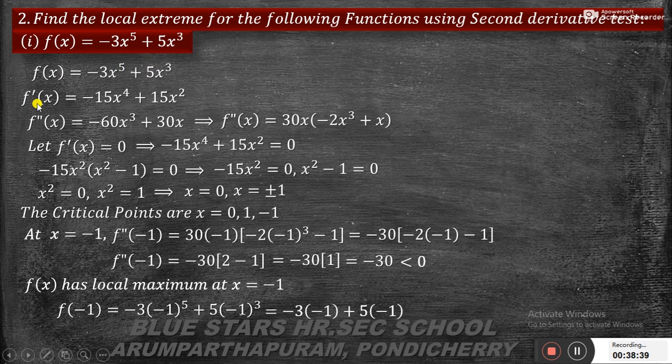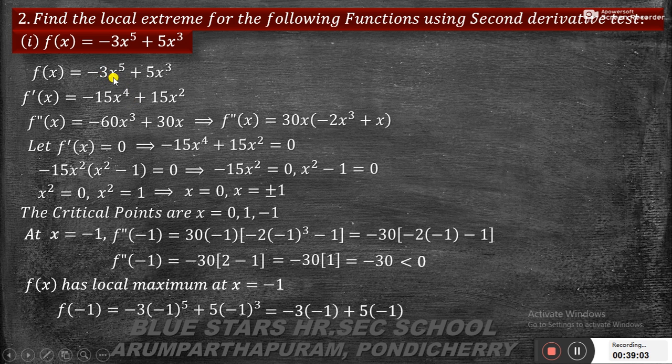Next I find f dash of x. Differentiating both sides with respect to x, f dash of x equal to minus 3 into the derivative of x power 5. The derivative of x power 5 is 5 into x power 4.